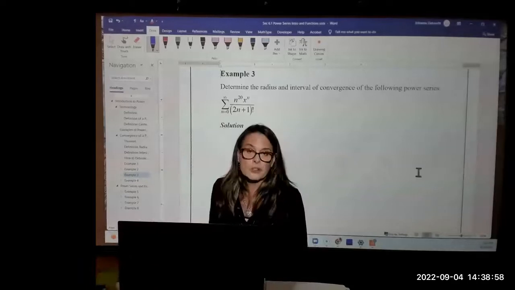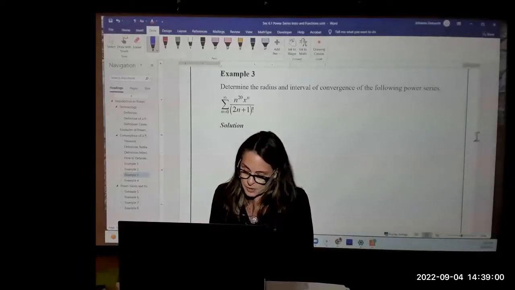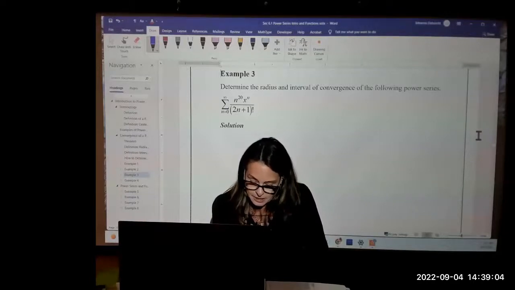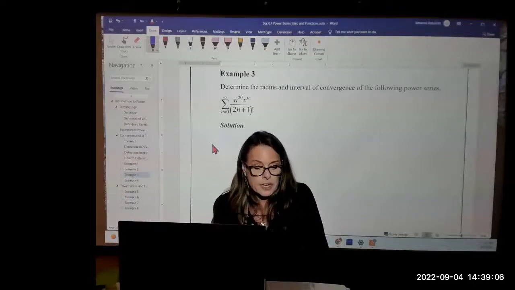And of course, we could also do the root test, but the ratio test makes more sense in almost all cases. So now we're going to apply the ratio test.